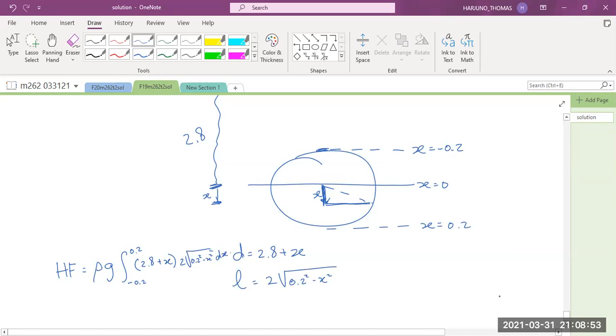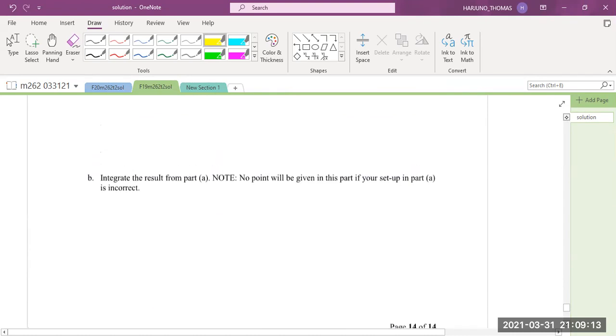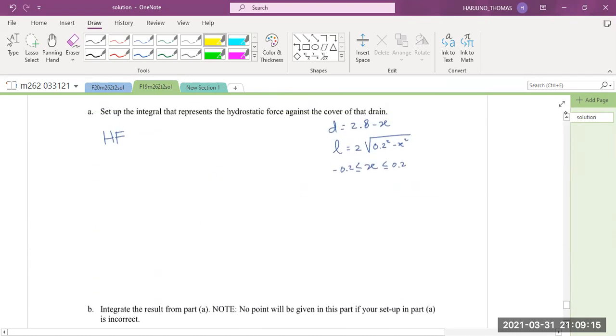While my setup will differ with yours here. Now you may wonder, but Thomas, one is plus, one is minus. Why don't I expect that to be the same? I expect that to be the same, as long as my setup is correct.